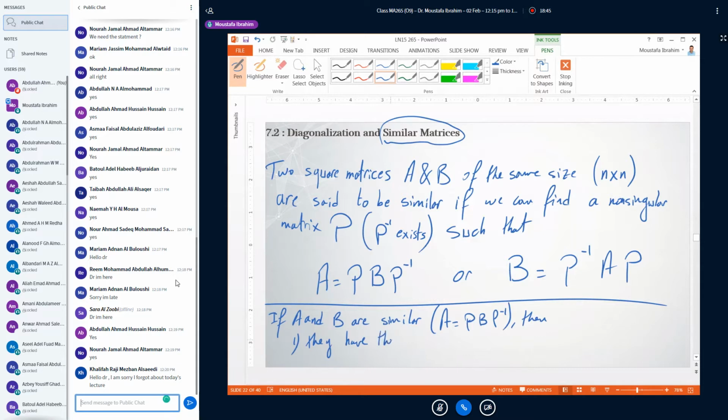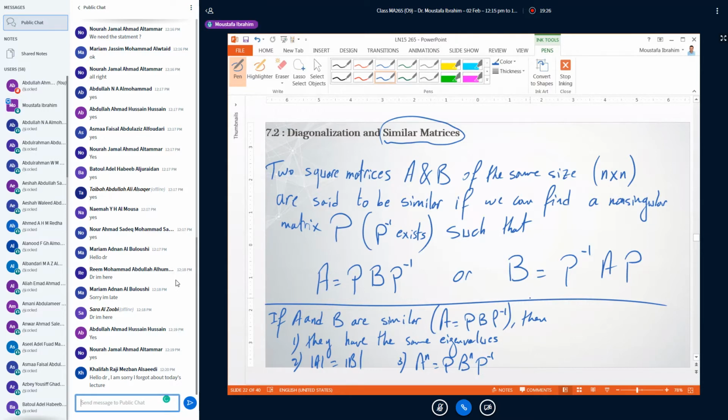Two, the determinant of A will be equal to the determinant of B. Three, A to the power of n is equal to P B^n P^-1. This is very important, guys. In this section, we will see how to find P, how to find B, the matrix which is similar to A, and how to find the power of a matrix if we can write A as P B P^-1.